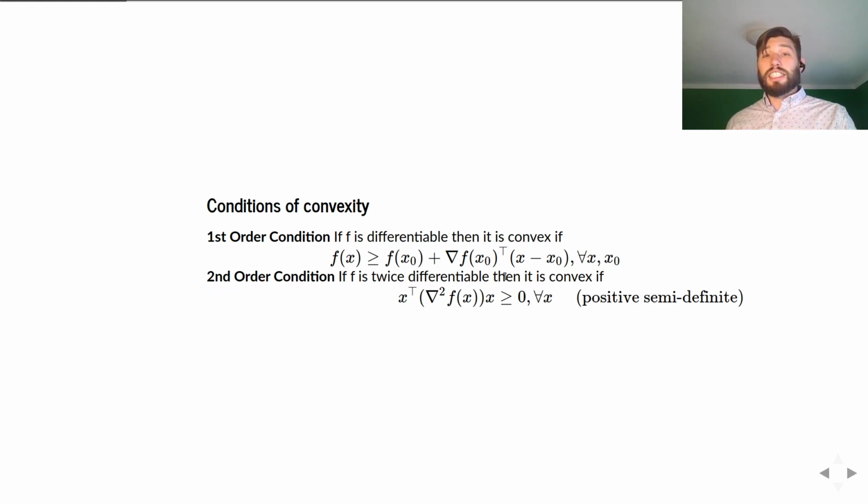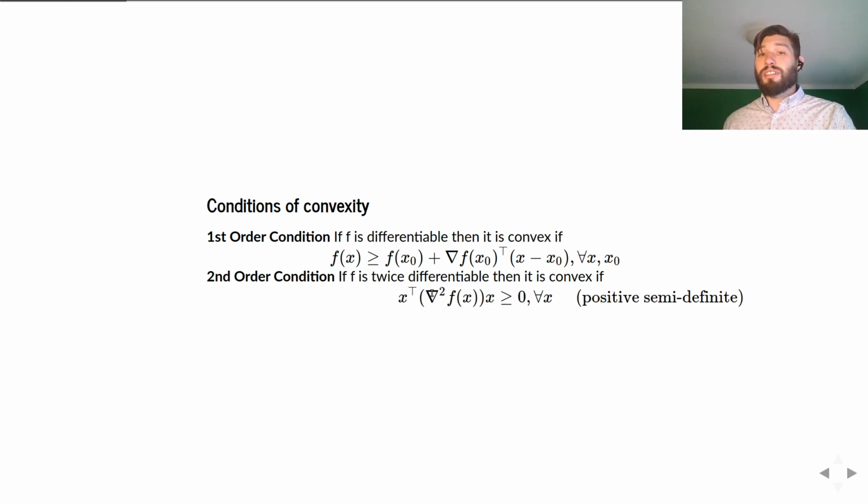The second order condition says that if you're twice differentiable, then f is convex if, when we take any vector x, take its transpose times the Hessian, and the Hessian is a matrix, right? It's a matrix of all partial second derivatives, times x. So you form this quadratic form with x, then this has to be non-negative. There are a lot of ways to talk about this.